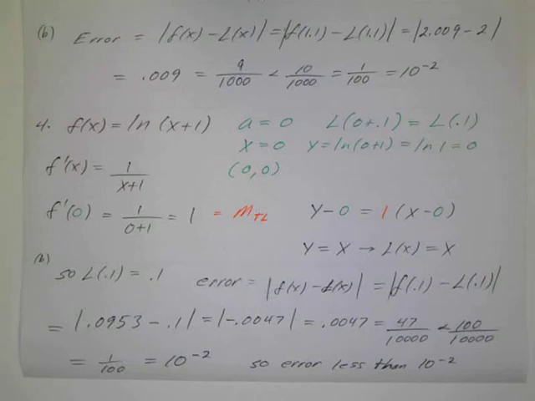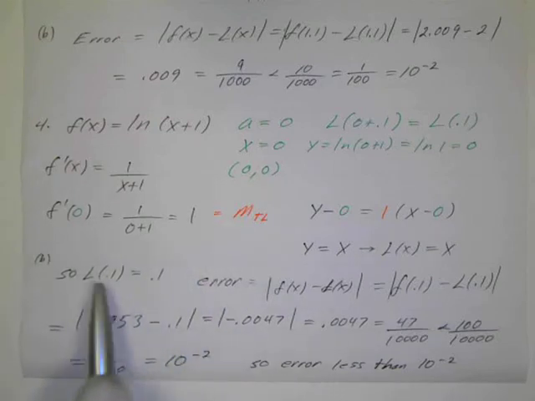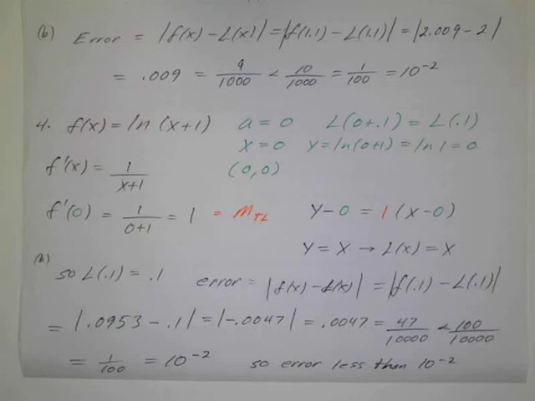In my calculator, I got 0.0953, so you could check that out. I rounded it off a little bit. And minus my 0.1, because L of 0.1 is 0.1. And then I took the difference. I got negative 0.0047, but it's the absolute value of the difference, so it's just 0.0047.